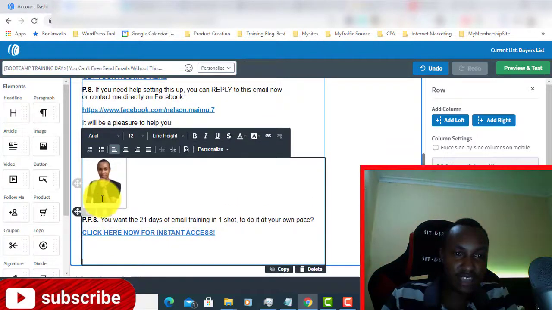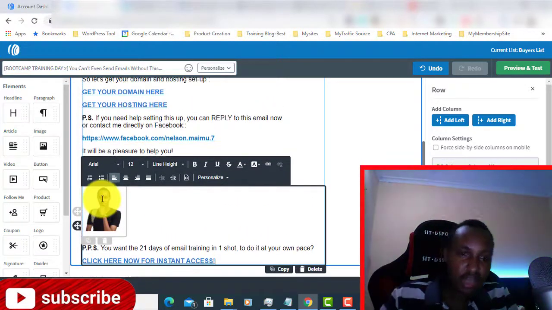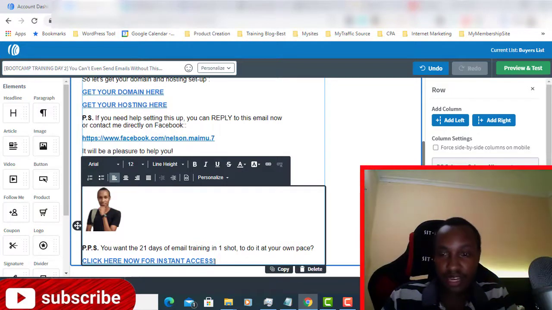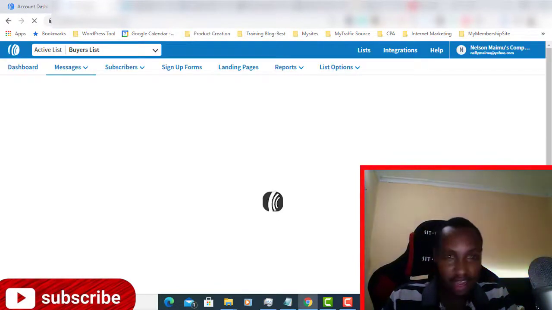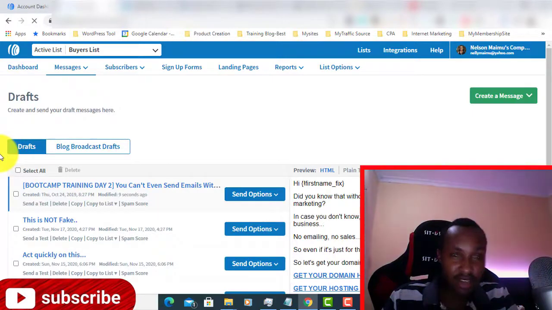But let me delete this, and that is what it's supposed to be. Then let me click save and exit, and show you the preview of what it should be, avoiding this type of way, so that your account stays in a reasonable status. It's a good way for you to play safe.